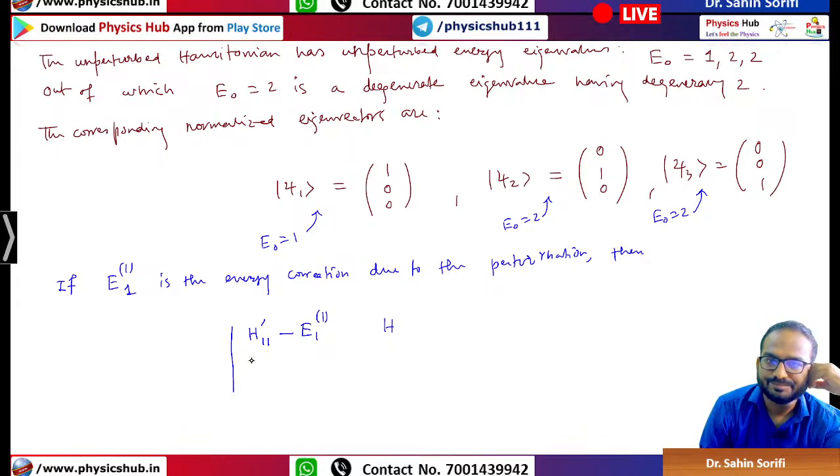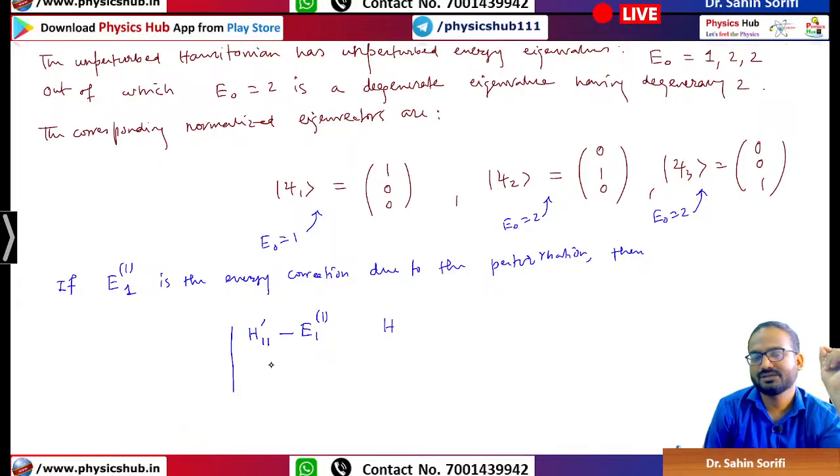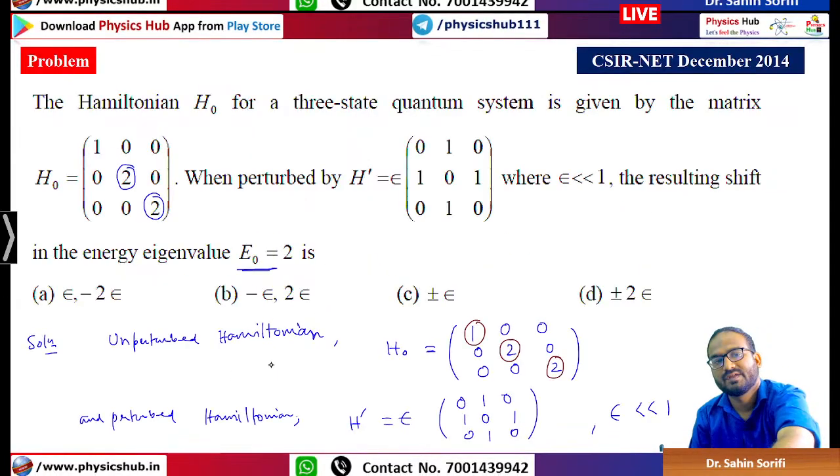Actually, here we need to understand one thing. It should have been a 3 by 3 matrix, but we are mainly focusing on this one. So which part are we taking? We are only taking this part.